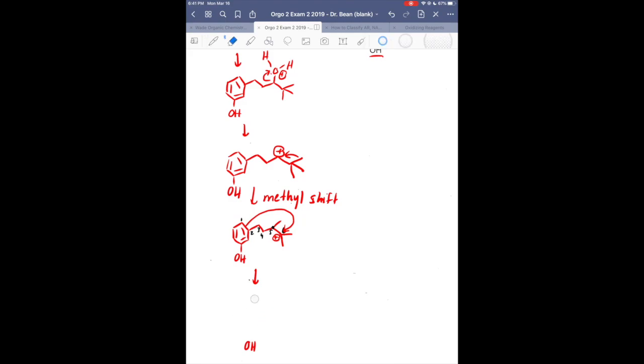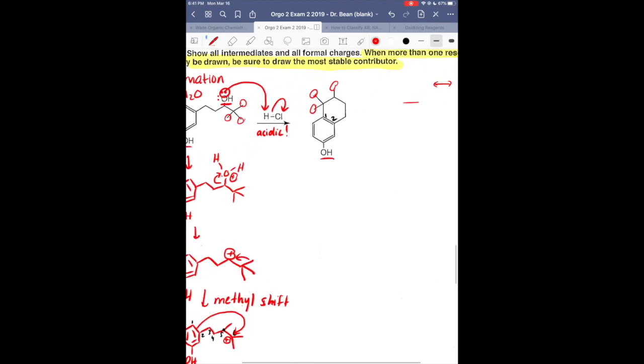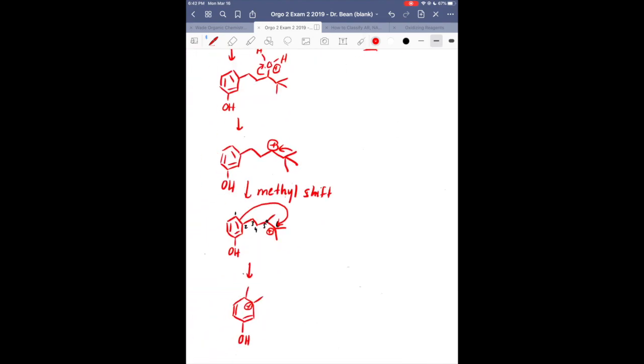So I wish I drew this a little bit nicer. I'm going to draw it a little bit nicer for you guys, just to make it look a little bit more like our product in a sense, in terms of the orientation and such. So we got that, then we have the positive charge, and now we're going to have the group coming off.